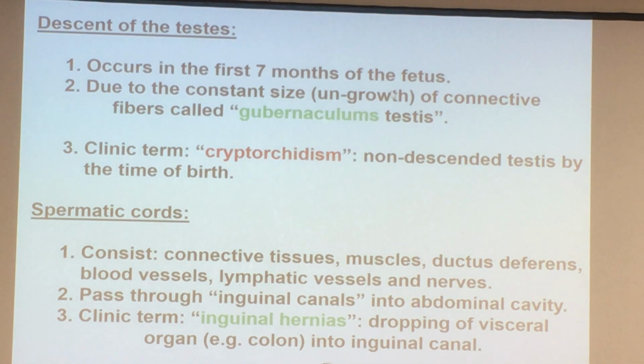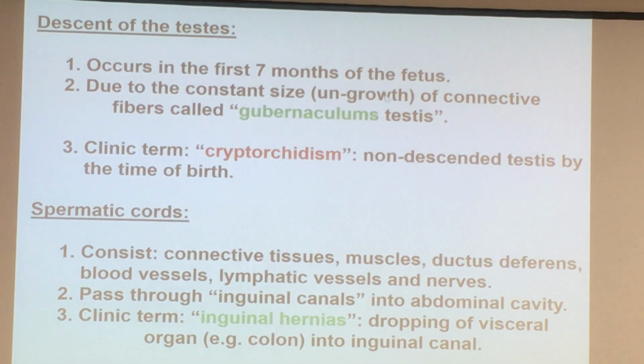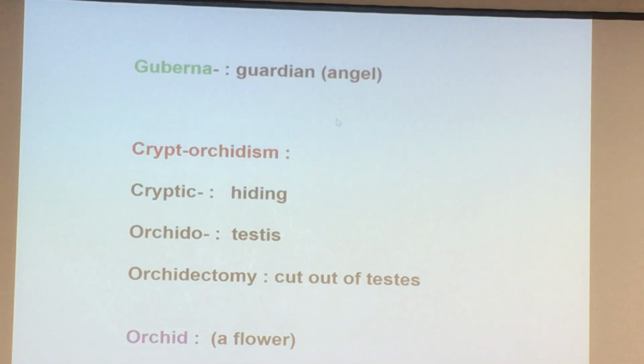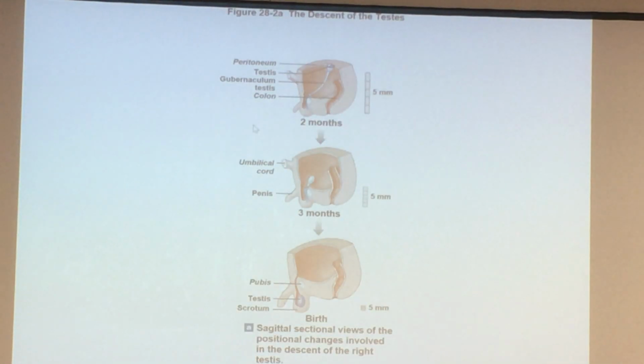And why do they drop down to outside of the body? It is because one part of fiber never grows, and we call it the gubernaculum.